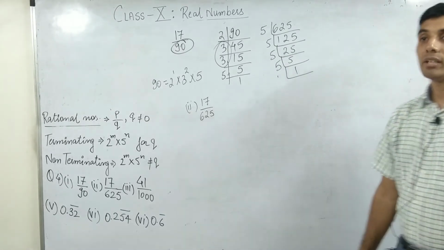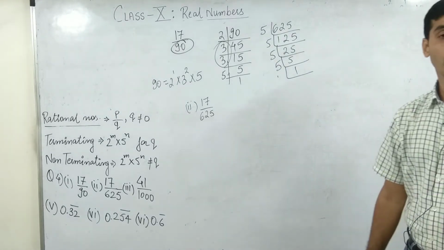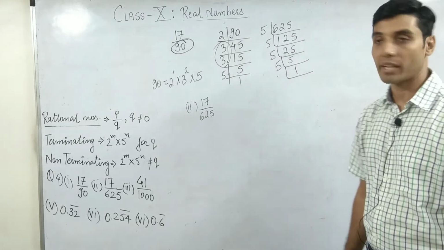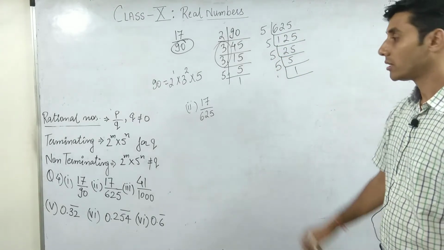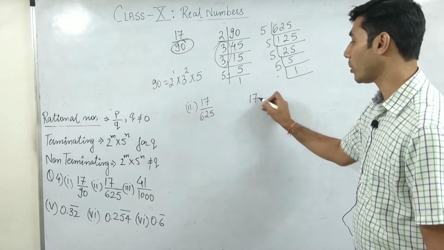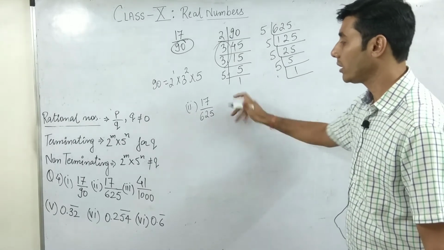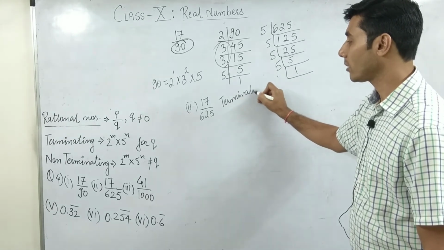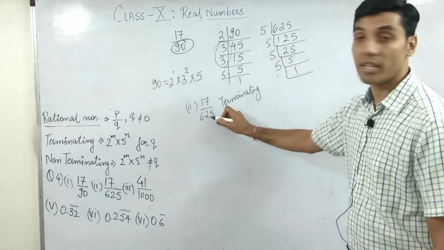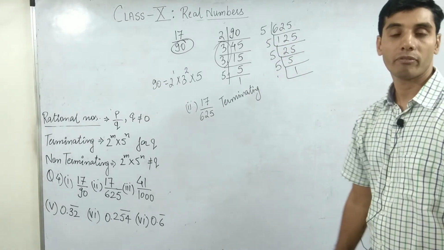Now what do you think? Is this a terminating one? Of course, yes, this is going to be a terminating one. Why? Because there are only powers of 5. So 17 upon 625 is terminating, because 625 has all factors of 5.